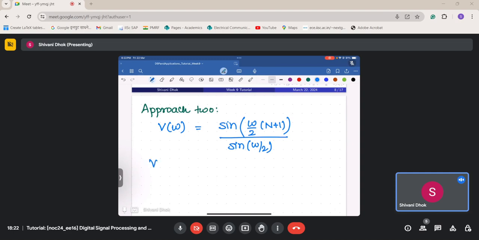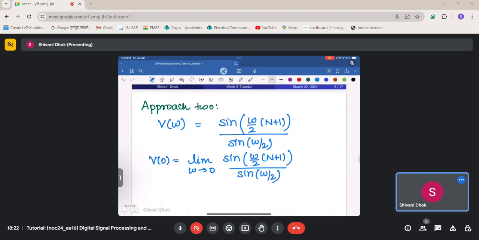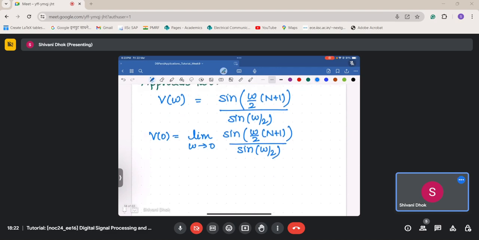So what we can do is this V of 0 we can write as limit omega tends to 0 sine of omega by 2 into n plus 1 upon sine of omega by 2. Then what I can do is I can multiply and divide the numerator by omega by 2 into n plus 1.